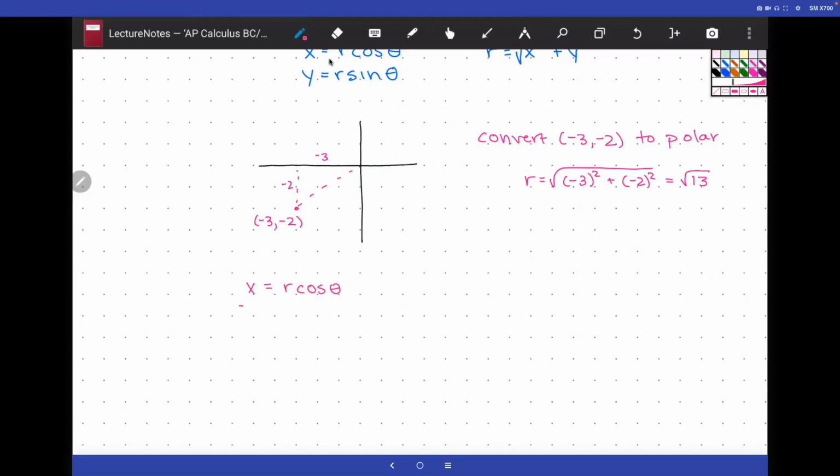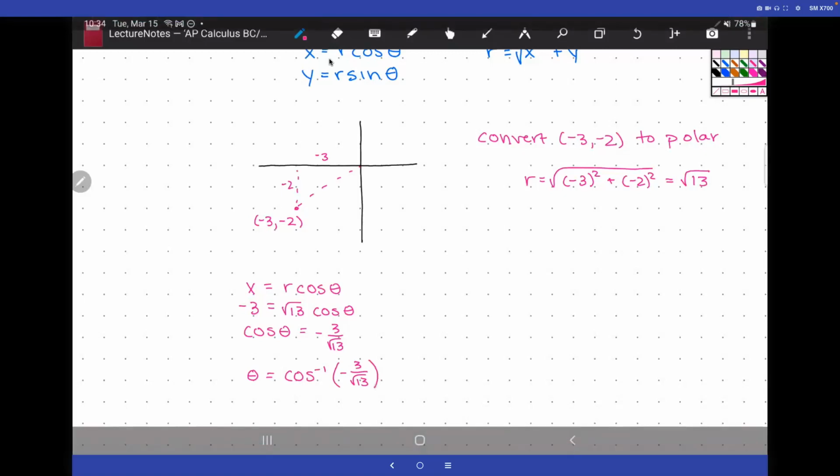We know x is negative 3. We now know r is root 13. So yeah, we could solve this for theta. Let's do it. Cosine theta is negative 3 over root 13. I won't bother rationalizing because we're going to plug it in a calculator. So theta is cosine inverse of negative 3 over root 13.